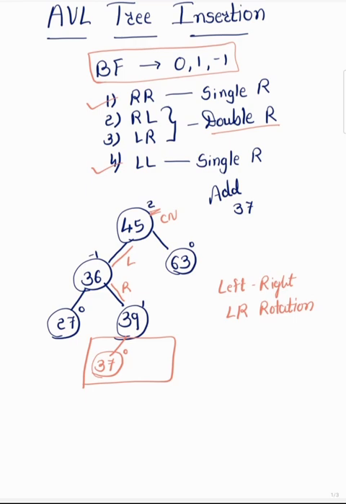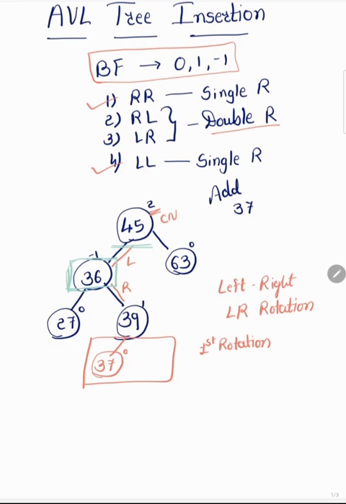Now in a double rotation, we require 2 rotations. In the first rotation, we rotate the node after the critical node. Here 45 is my critical node. After that, the node I have is 36, right?